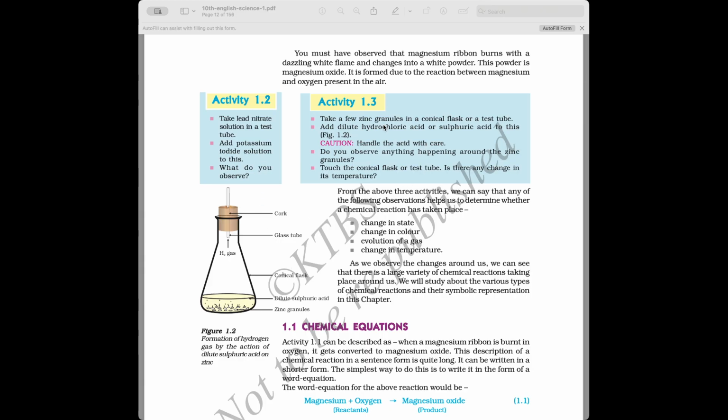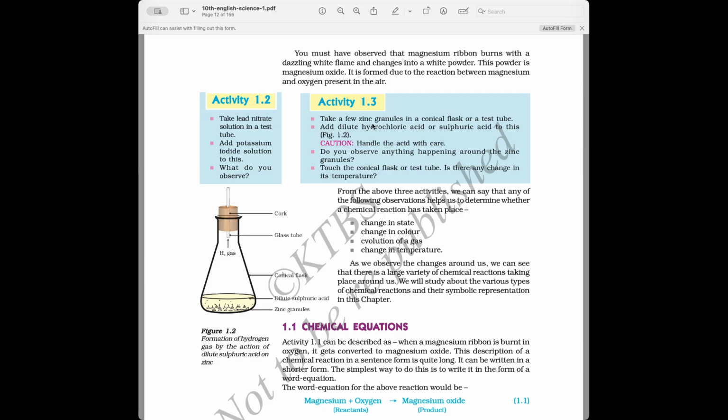There is another activity. Take a few zinc granules in a conical flask or a test tube. Add dilute hydrochloric acid or sulfuric acid to this. Handle the acid with care. Do you observe anything happening around the zinc granules? Touch the conical flask or test tube. Is there any change in its temperature? So basically they are trying to explain that whenever a chemical reaction happens, there will be a change in temperature.